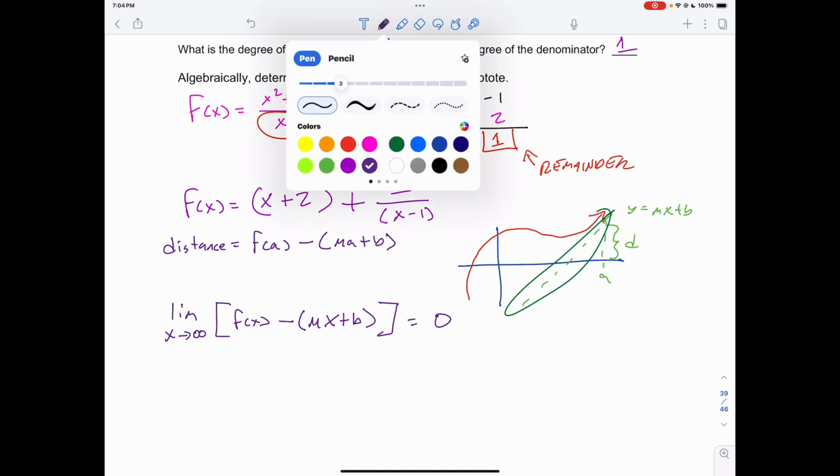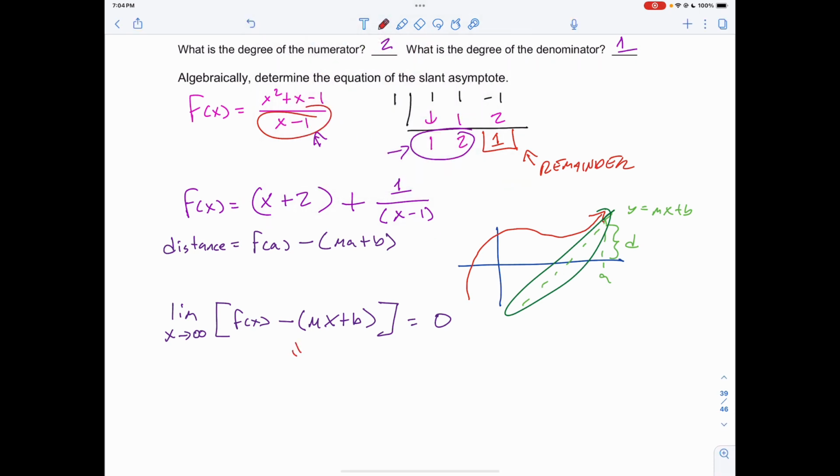If this is true, then that y is equal to mx plus b is the slant asymptote.